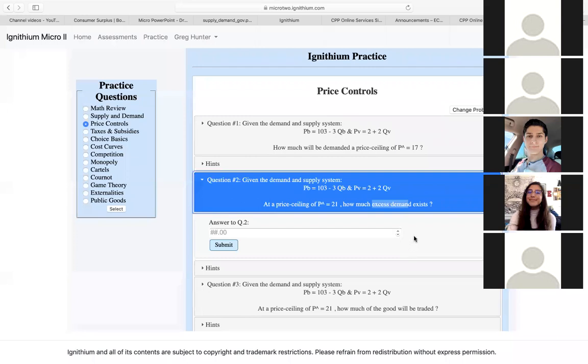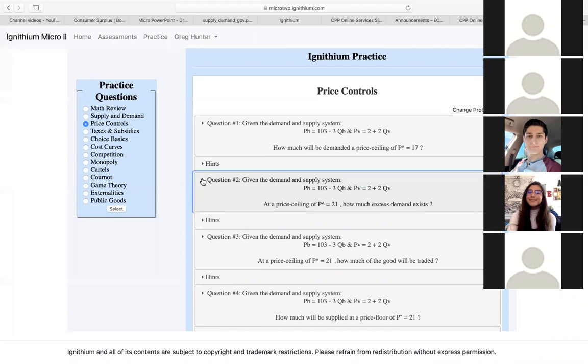Do you remember the concept of excess demand? Do you remember that, Priscilla? Well, I'll give you another word that's a synonym for excess demand, and it's shortage.